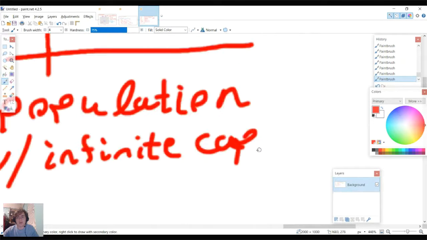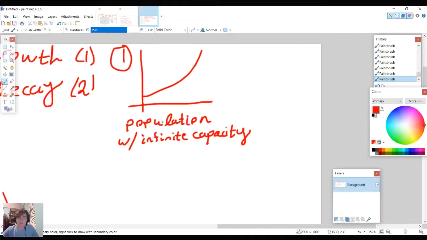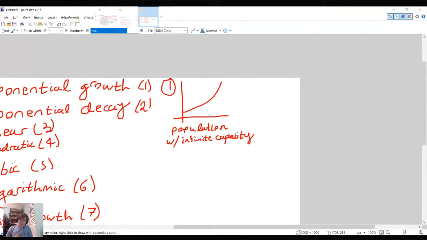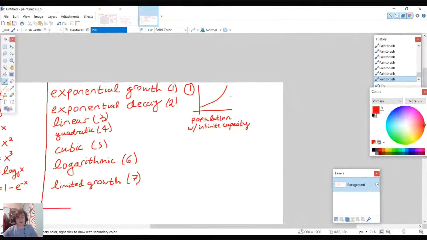This is more of a biology or geography application, but it would essentially be a new population that hasn't gone anywhere near its capacity yet, because obviously you can't have infinite capacity. So the graph looks like it has infinite capacity because it's nowhere near its capacity in the first place.